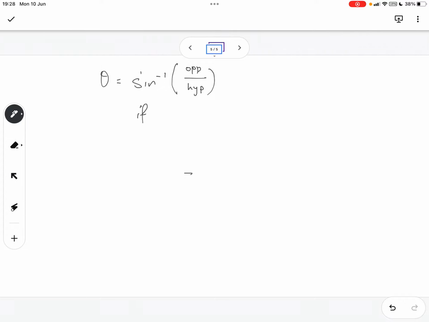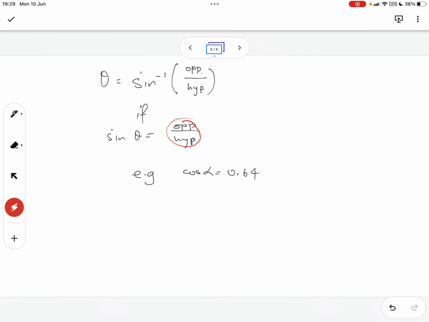But then you use it's on your calculator, and when last I learned it, it was called arc, but you can just write something like this, right? Of, let's say, opposite over hypotenuse, if sine theta equals opposite over hypotenuse. And you solve for the other triangles like this as well.